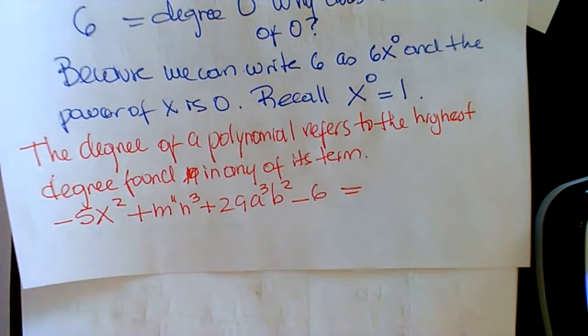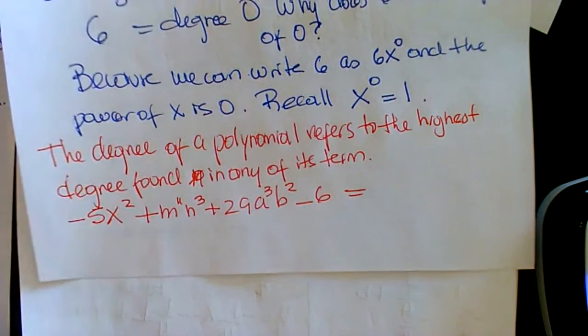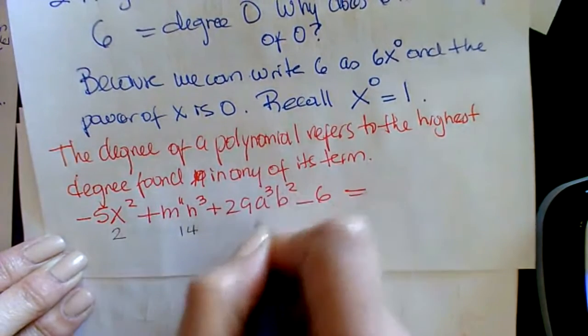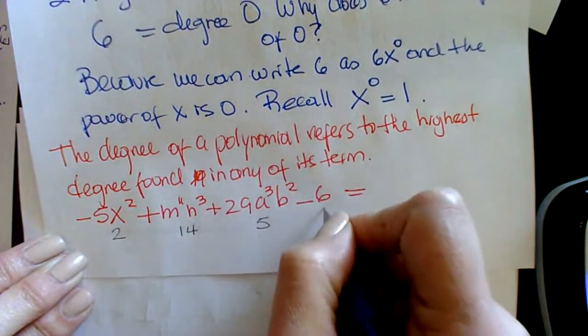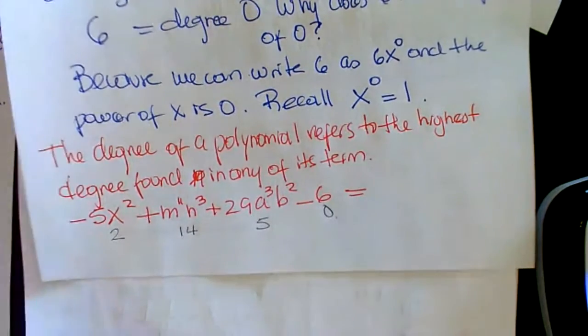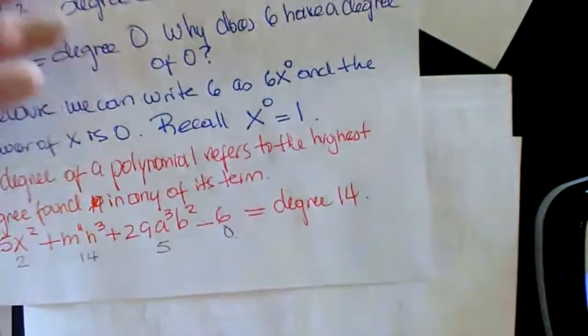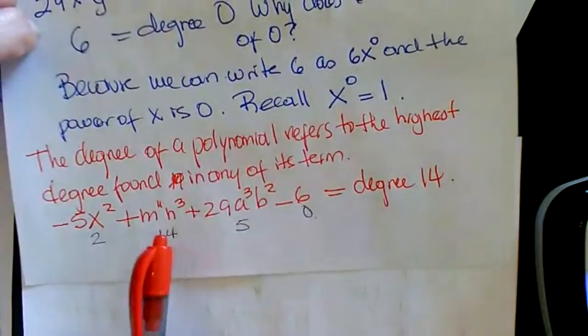So let's see, I have 2 here, 14 here, 5 here, and what do I have? 0 here. So what's the degree of this polynomial going to be? 14. Okay, this is the highest.